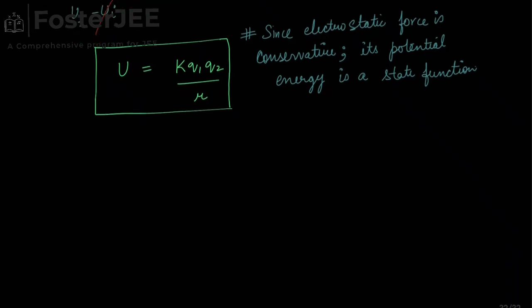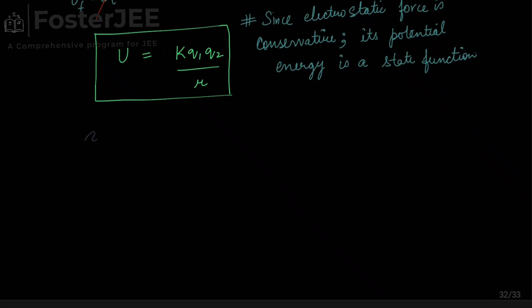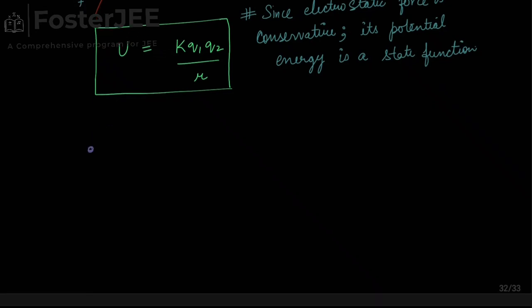Now what does state function mean? State function means that suppose initially the charge q1 is here and the charge q2 is here. Now let's suppose this charge is fixed, but this charge we are moving. Suppose this was initial point A and this is the final point B to which we have to move the charge.